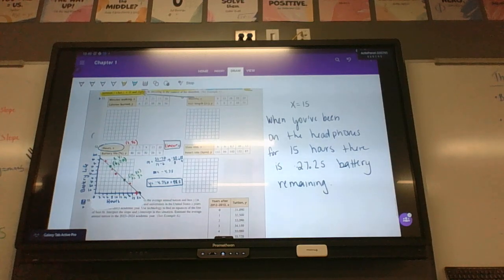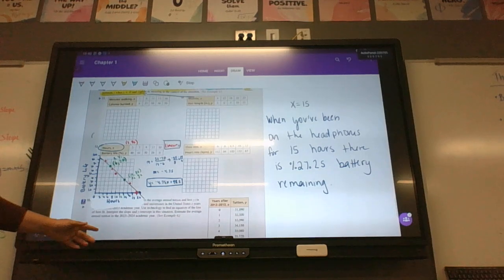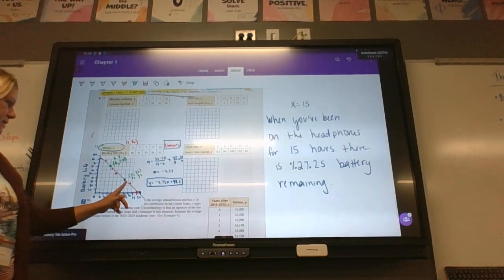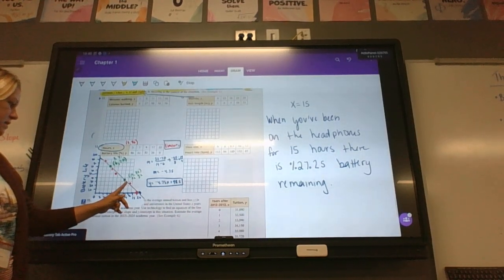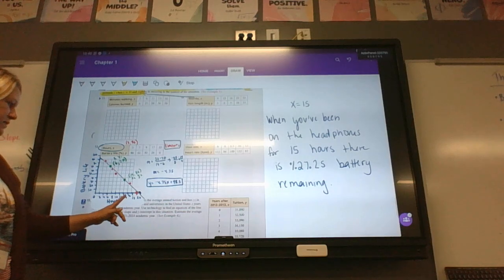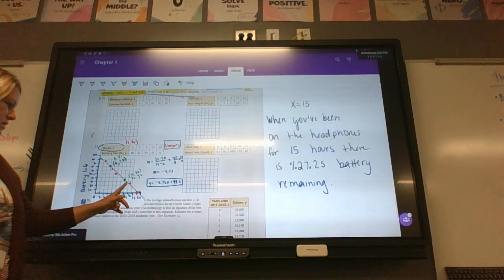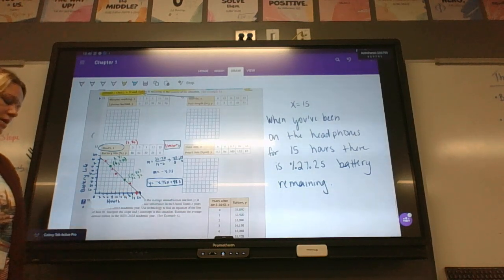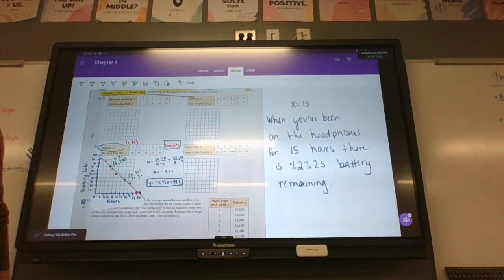How many hours do they have left? According to the line, it's been 15 hours. According to the line, they still have 5 hours.